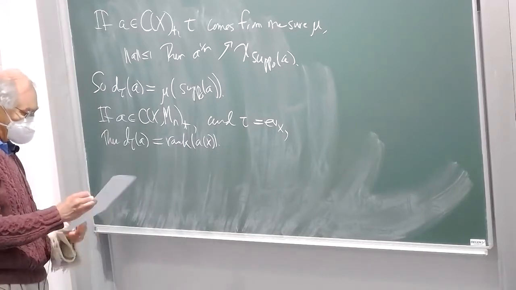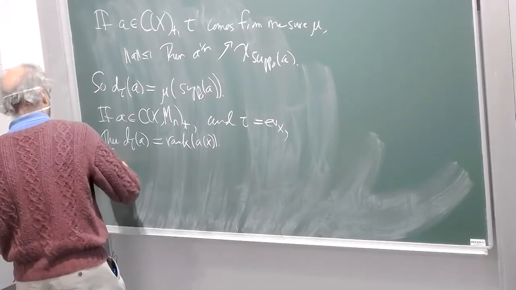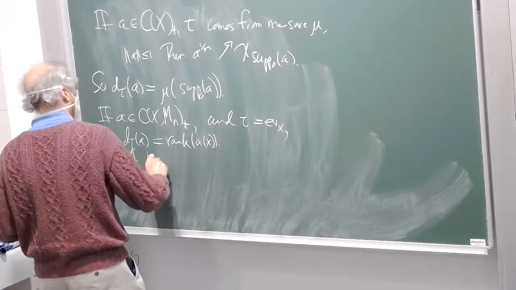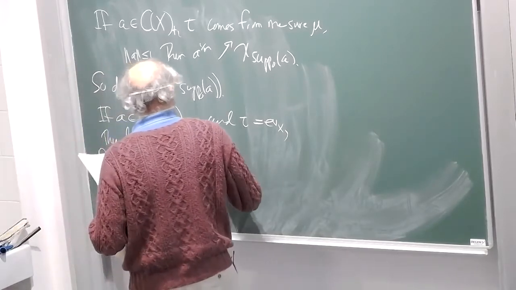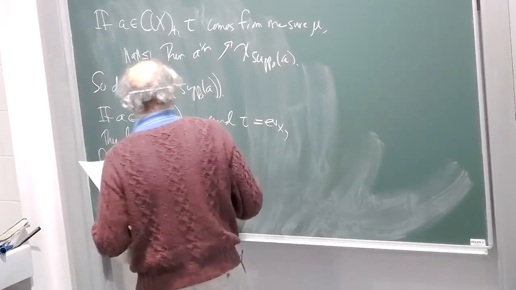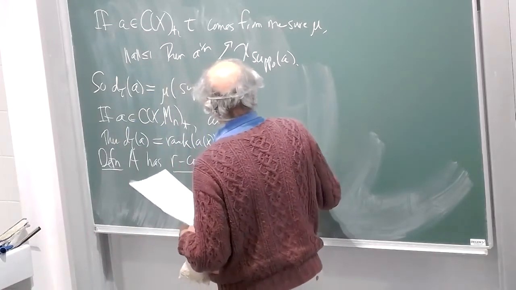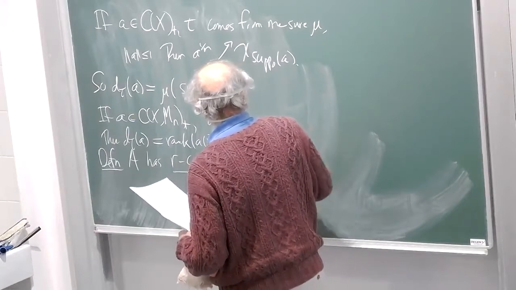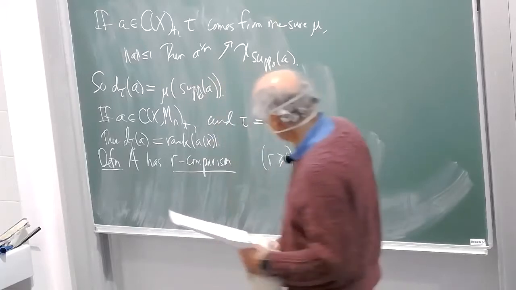And so now, definition. A has r-comparison. Here r is a real number. I guess I want bigger than 0 here. No, bigger than or equal to 0 is okay.